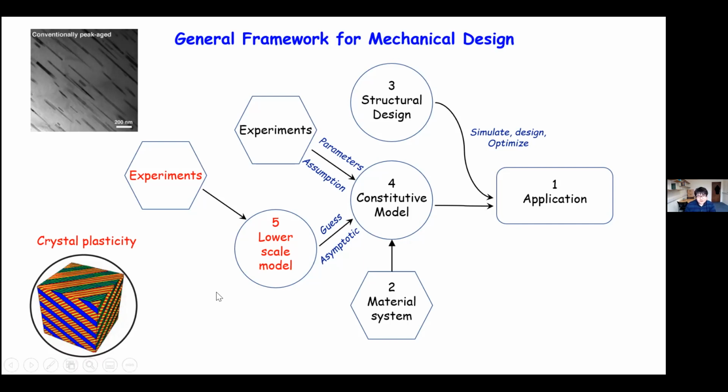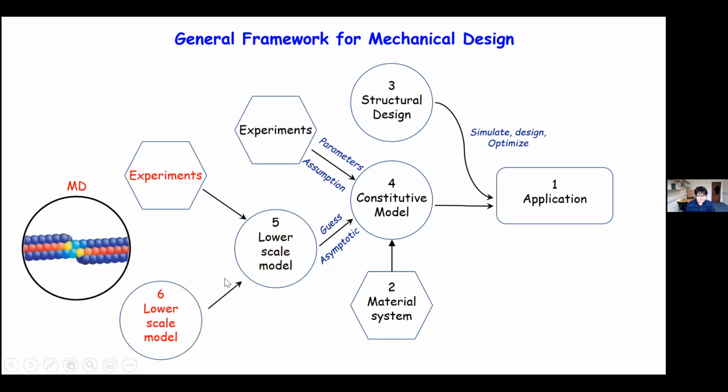So if we ask where does this lower length scale model come from, it comes from an even lower length scale model, right? For example, we can go one step down and then we enter the regime of molecular dynamics. And if we go one step further down, we're going to quantum mechanics. We're going to first principles, where ideally we would not need any experiments, and we can just do everything from scratch. All right.